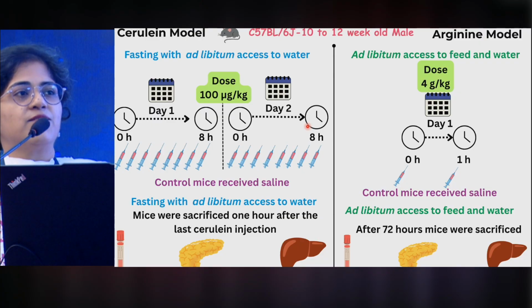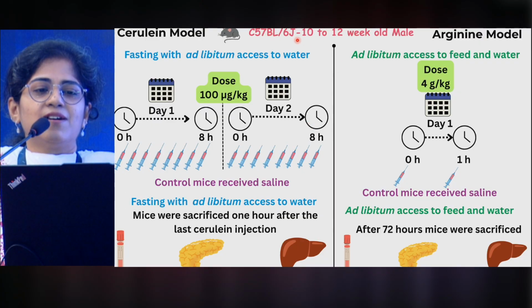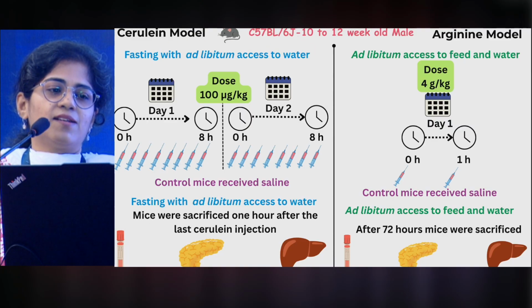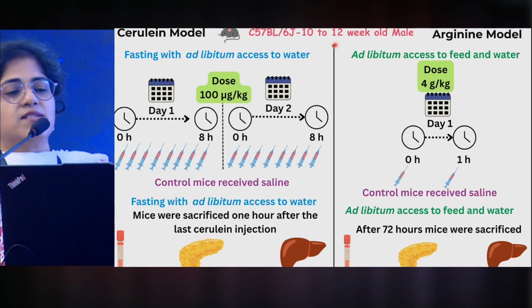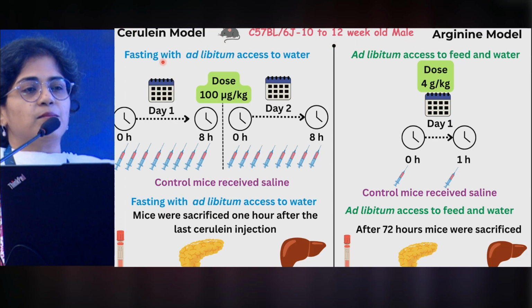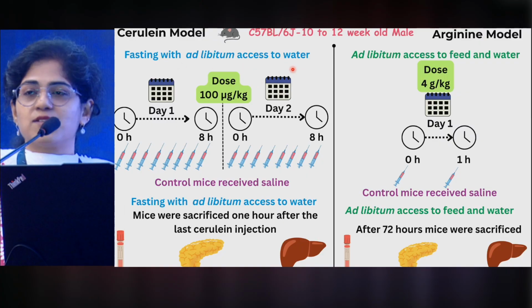This is the protocol that we used in our lab. We use C57BL/6J 10 to 12 week old male mice, and let's look at the first column, which is the cerulean model. The mice were under fasting conditions with ad libitum access to water.